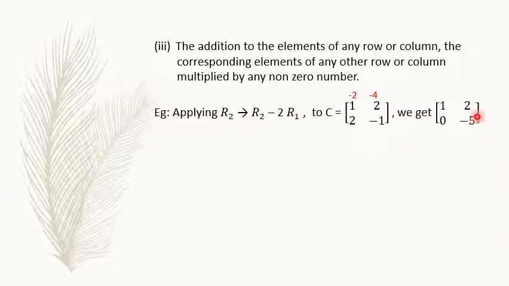So there is no change for the first row. R1 we just copy here. The second row becomes, we apply this operation, R2 plus minus 2R1: 2 plus minus 2 is 0, minus 1 plus minus 4 is minus 5.